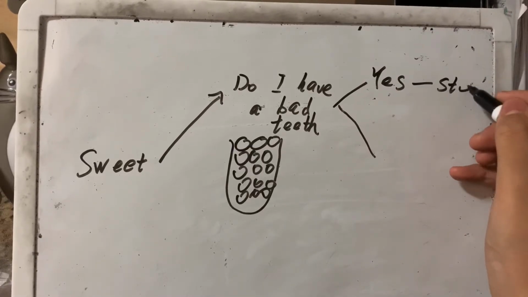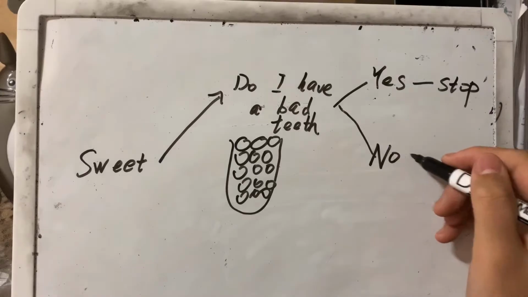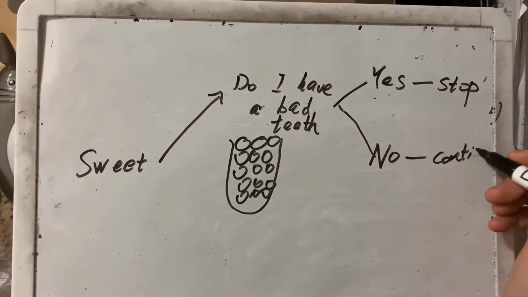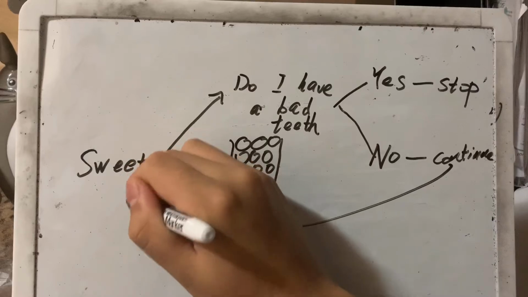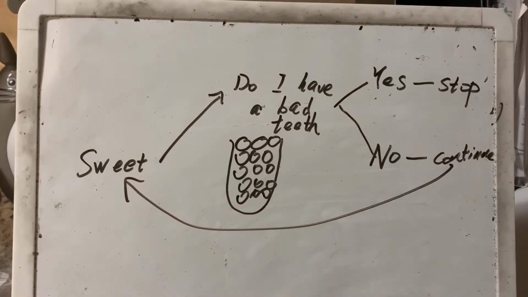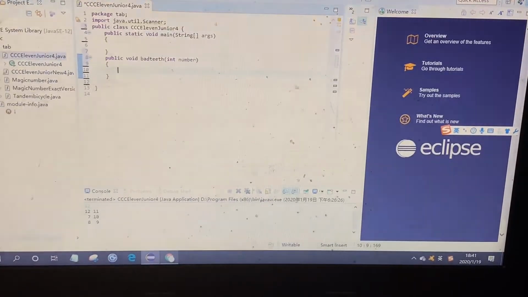If you don't have a bad tooth, then you continue eating one, and you take out the second one, and you start the original problem again. Do I have a bad tooth? No, then I continue eating one. Do I have a bad tooth? No, then I continue eating one. So this is an example of how recursion works. We know that after we eat 20 sweets, we are going to have a bad tooth.